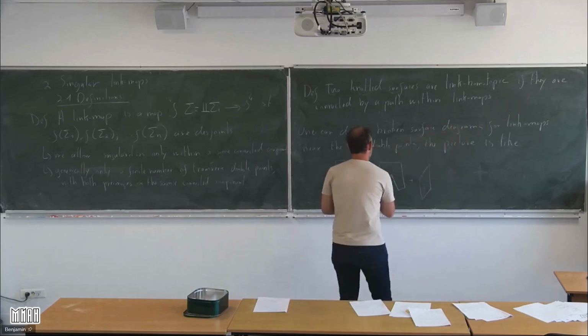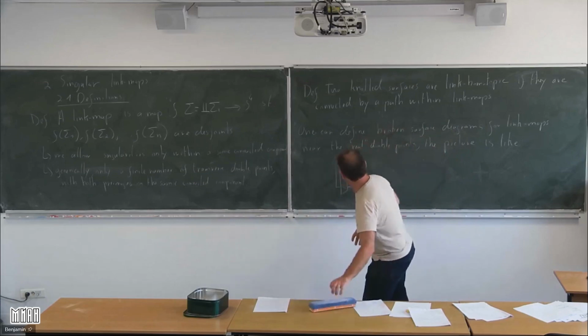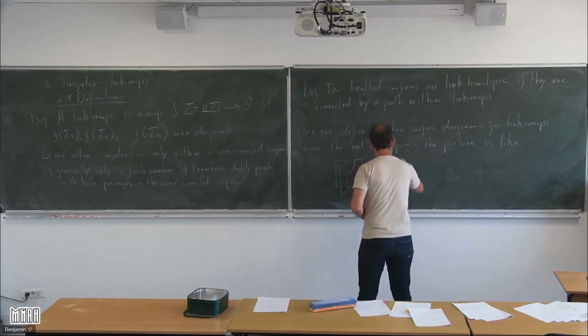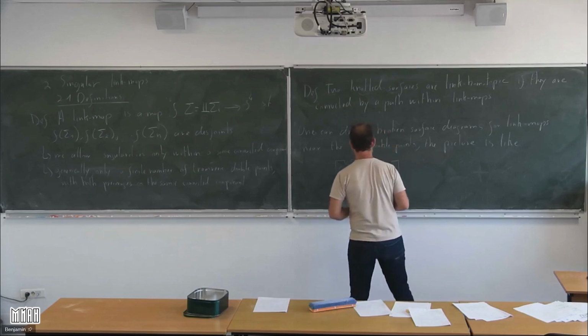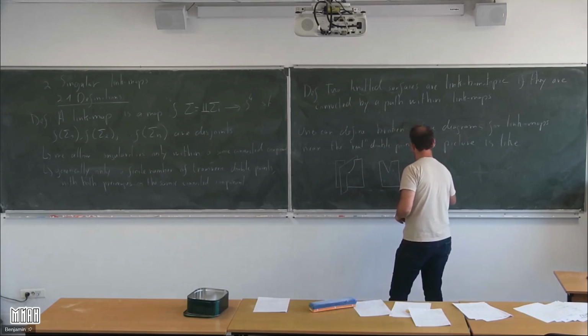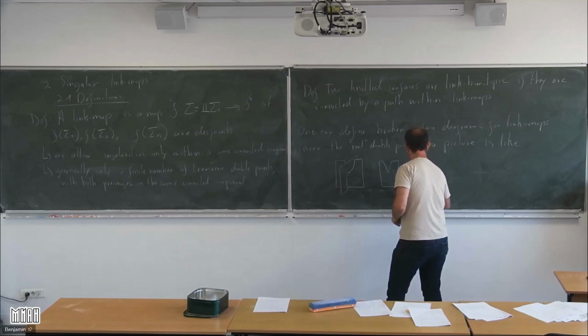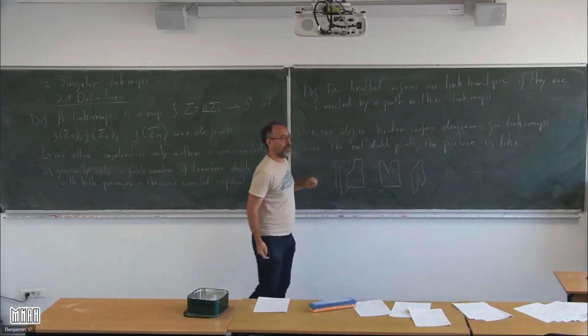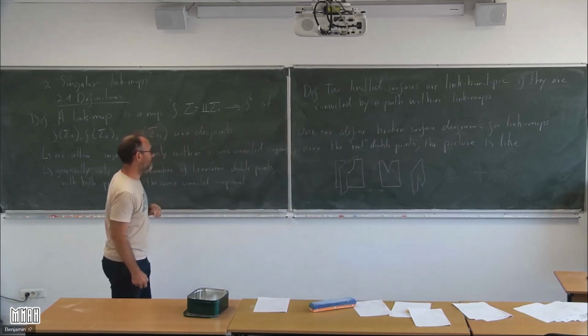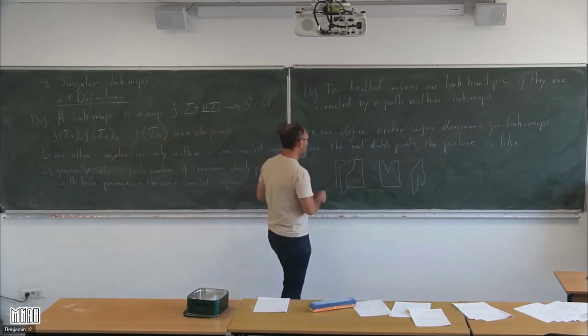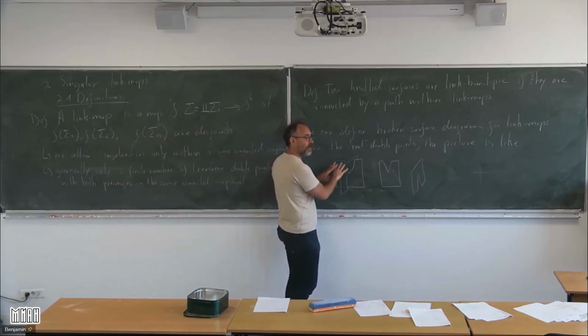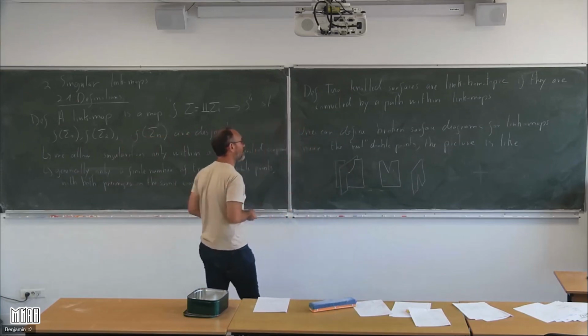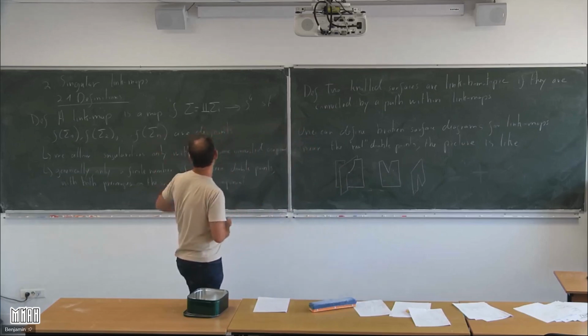I have one piece like this and one piece like this, and I just get them together to get that. Okay, is that clear? And locally, generically, it's always projected like this. So this is the only new piece of a broken surface that you create when considering link maps.